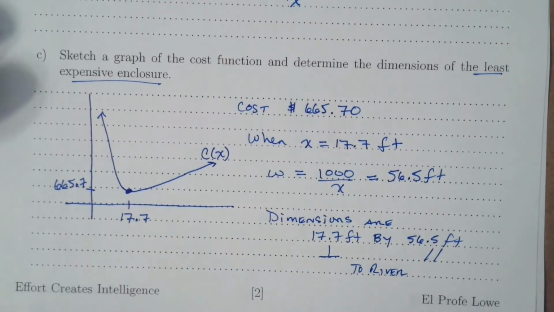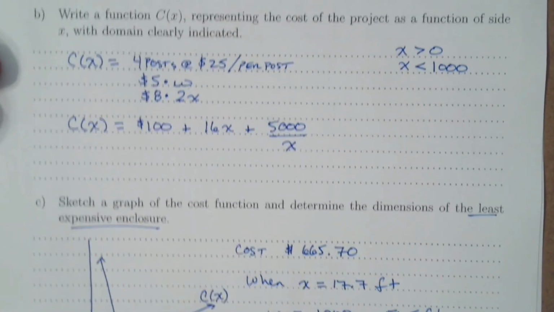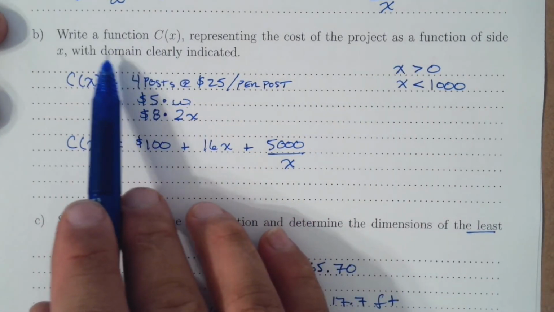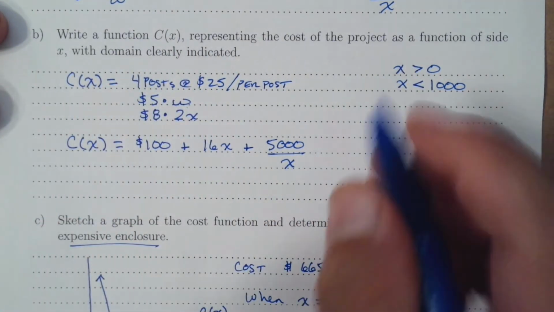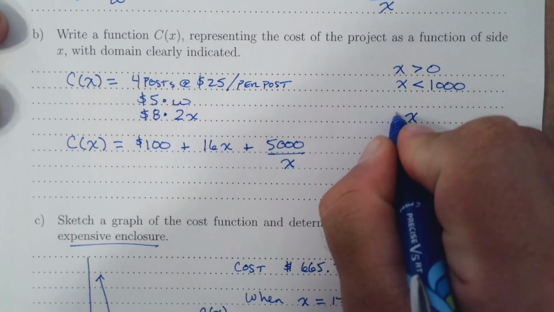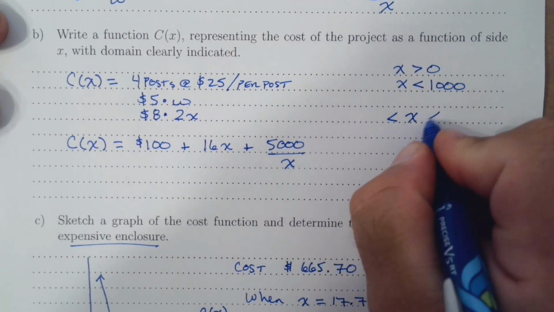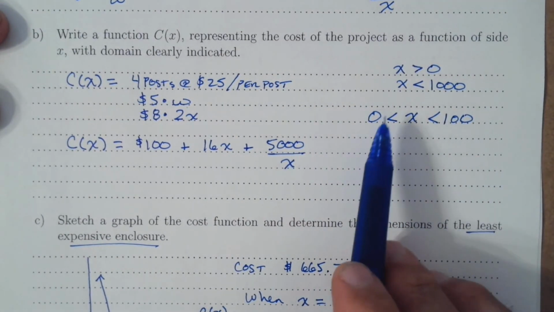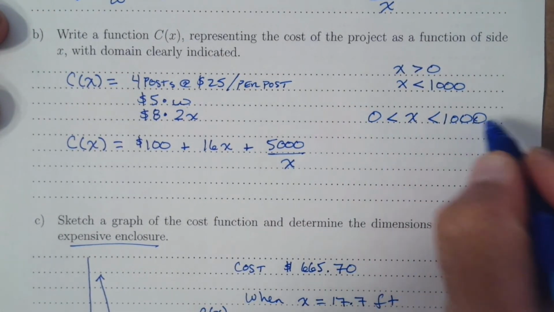Okay, so if we come over here, what we say is, cost of the project as a function of x with domain clearly indicated. We might be able to then come over here and say that, yes, certainly the domain is going to be that x is between 0 and 1,000.